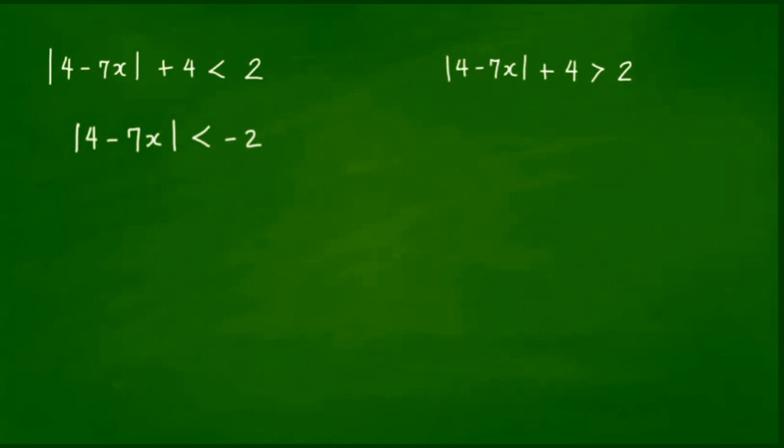Now, as you can see from here, we have absolute value of something less than negative 2. But what can we say about absolute value of a number? Absolute value of a number is always greater than or equal to 0. So do you think it is possible to find a number whose absolute value is negative?